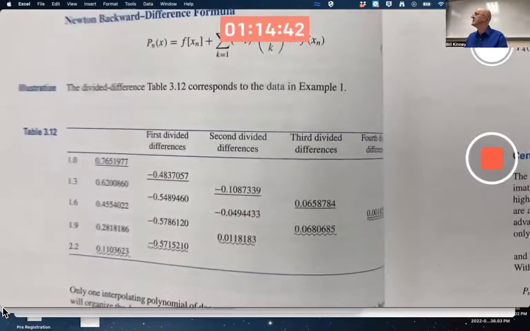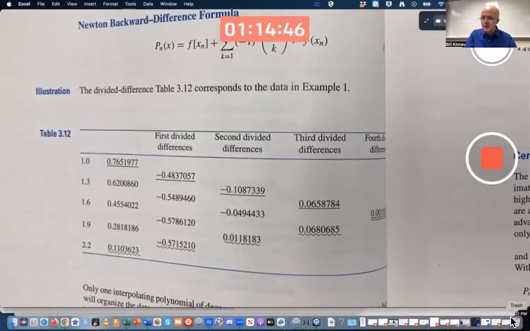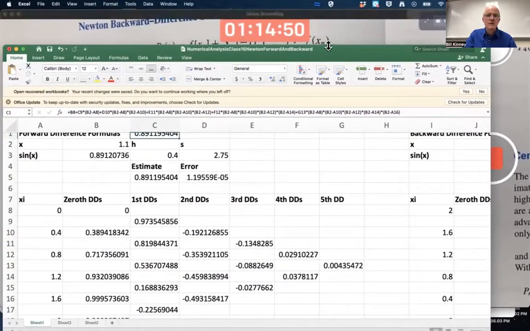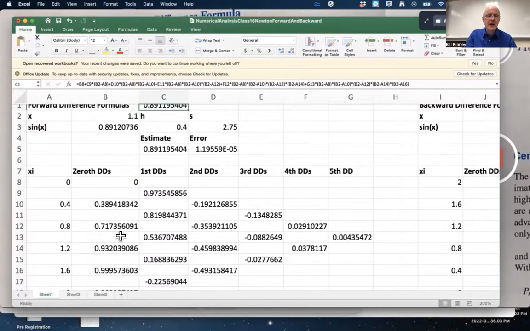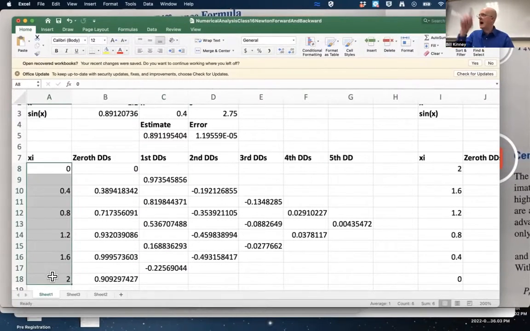As far as the spreadsheet goes, there's 2 ways to do it. And I will talk about this next Tuesday. You can either make a similar kind of divided difference table, but make the nodes go in the opposite order, greatest to least.